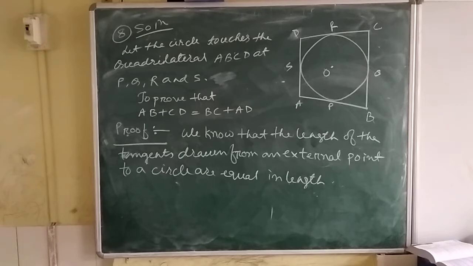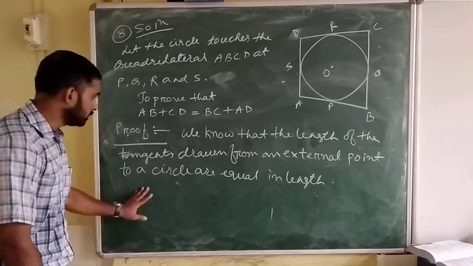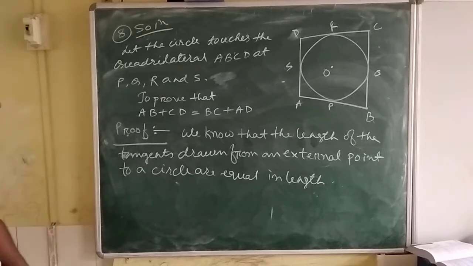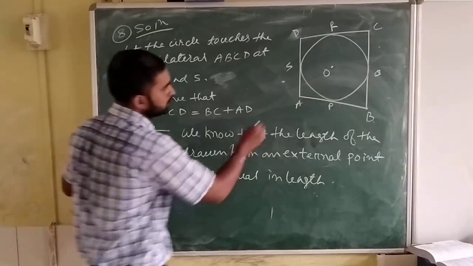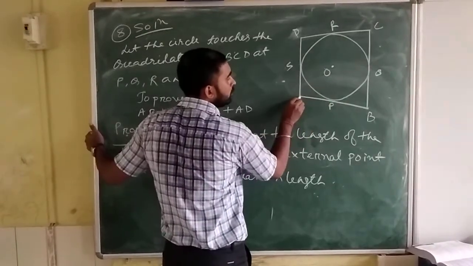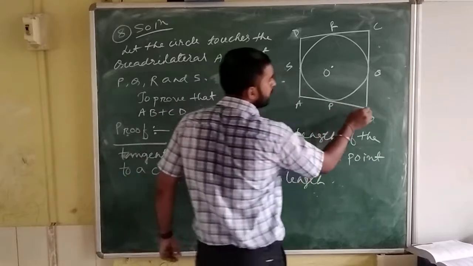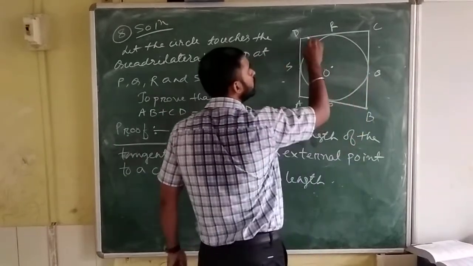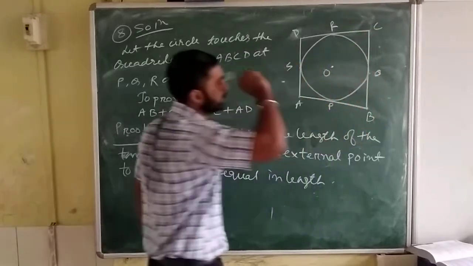So the tangents drawn from an external point A: AP equals AS, BP equals BQ, DR equals DS, CR equals CQ.